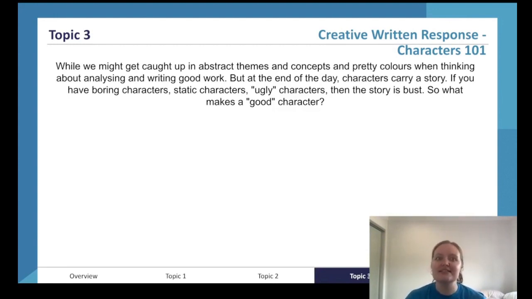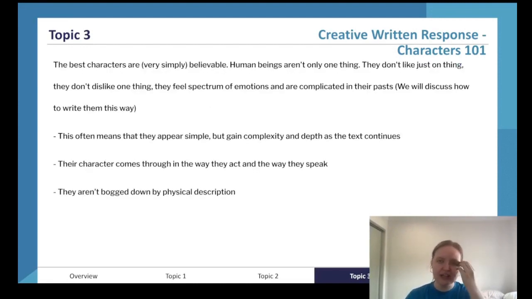So what makes a good character? What makes a character believable, genuine, relatable, something that the audience can connect to? The very best characters are believable in the way that humans are complex. They're complicated. They feel and think more than one thing. They actually exist within a whole spectrum of emotion, and they're most often feeling multiple things at the same time.